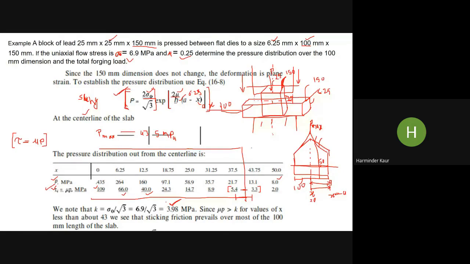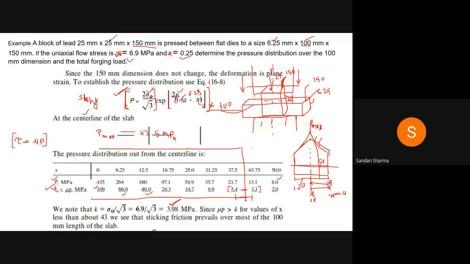Yes, sir. So from here it will be concluded that once you are going to calculate your complete P required, you can directly consider most of the part is being deformed under sticking friction condition, okay.